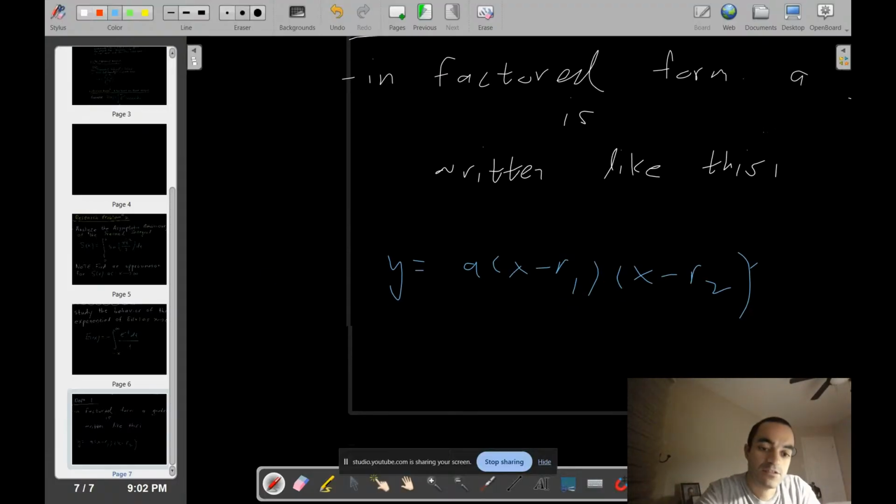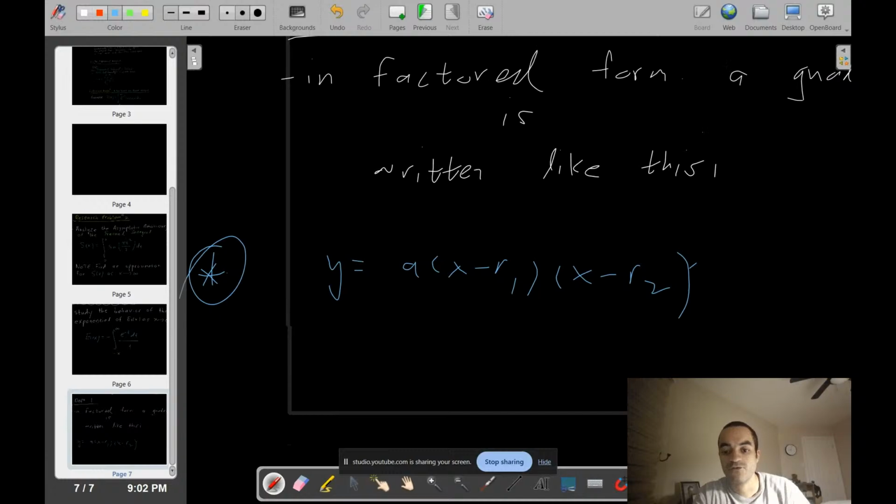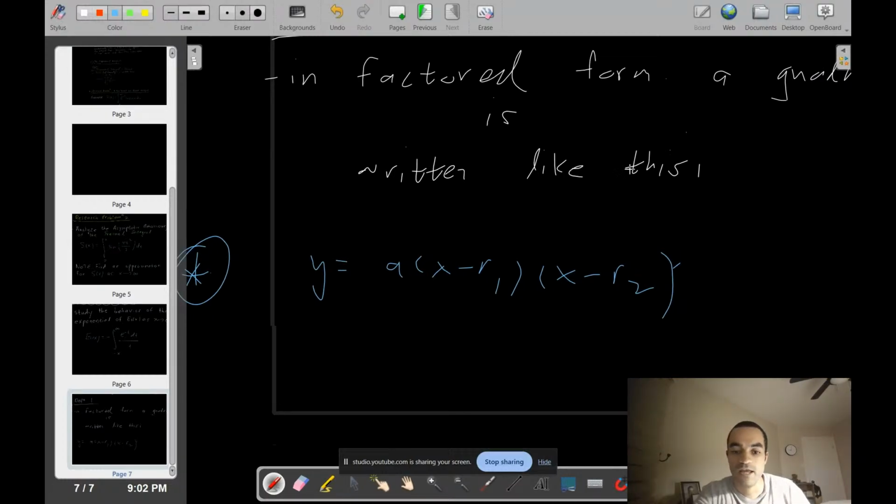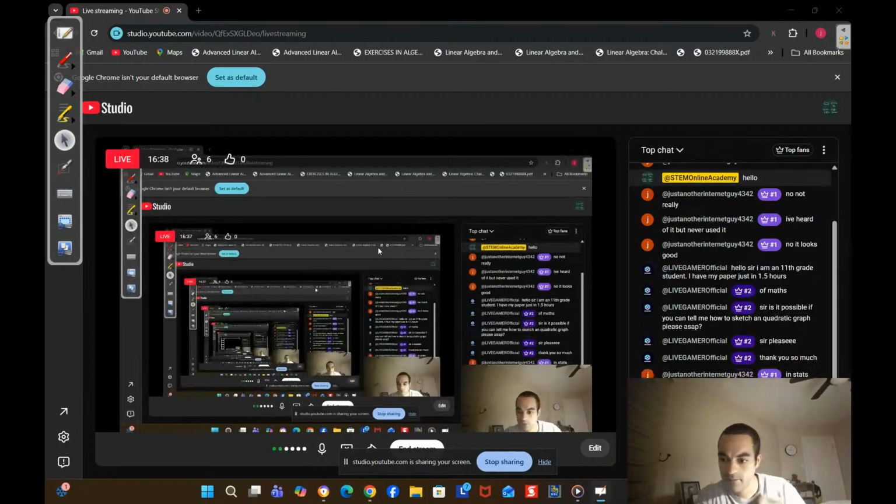Highlight this formula, this is really important. This is the factored form of a quadratic equation, where a is a vertical stretch or compression, r1 is a root, and r2 is a root. So far, this good?